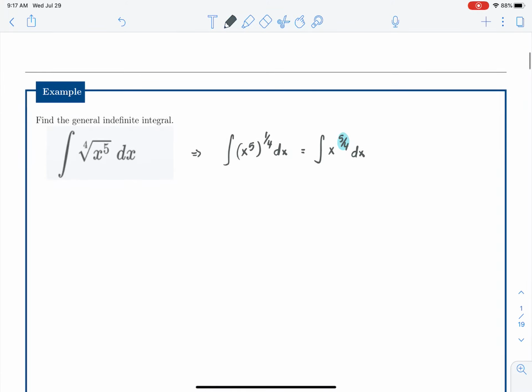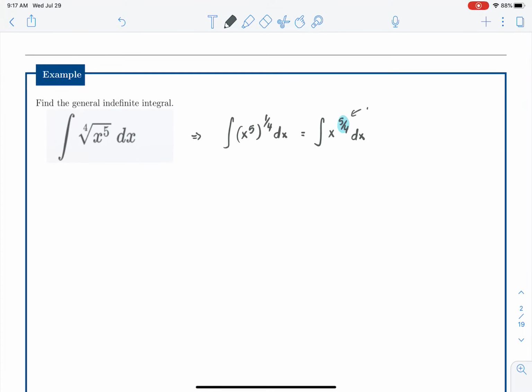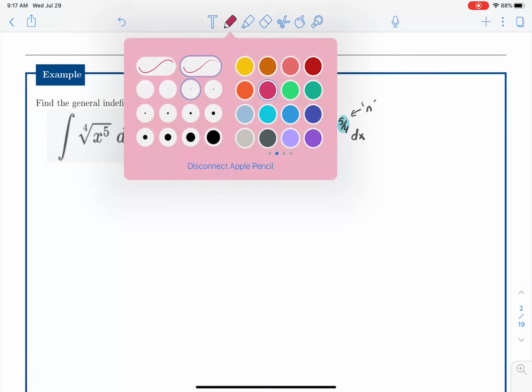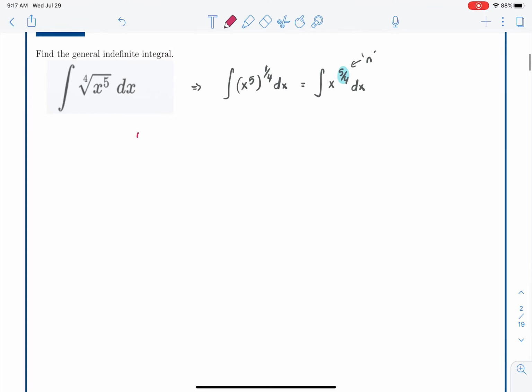It is 5 over 4. Recall the integral of x raised n dx is x raised n plus 1 over n plus 1 plus c.